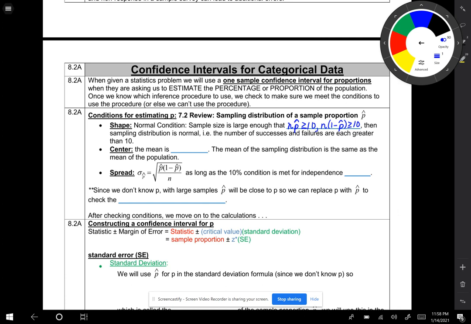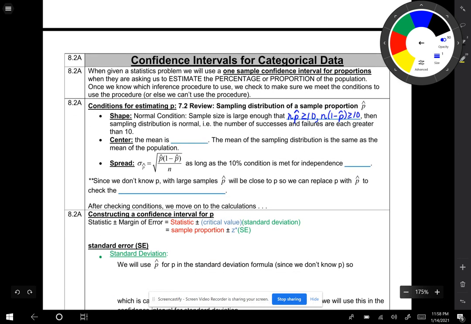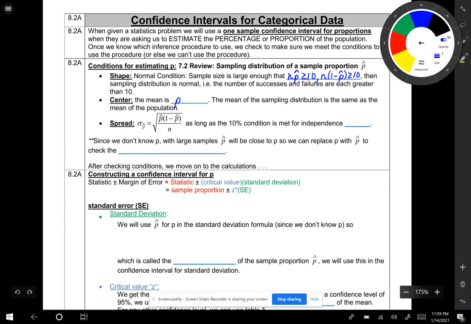The center, the mean, is p. The mean of the sampling distribution is going to be the same as the mean of the population. As far as the spread, the standard deviation formula, notice how that formula has changed a little differently than what you were used to in the last unit. Because we don't know p, we can replace p with p hat.